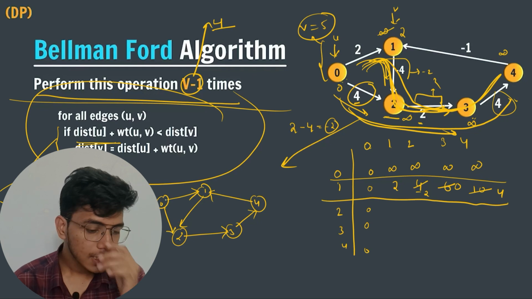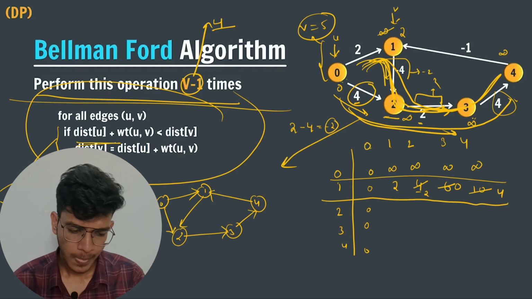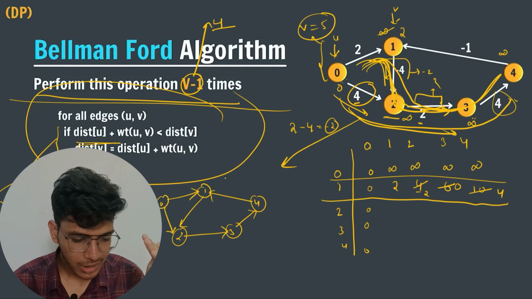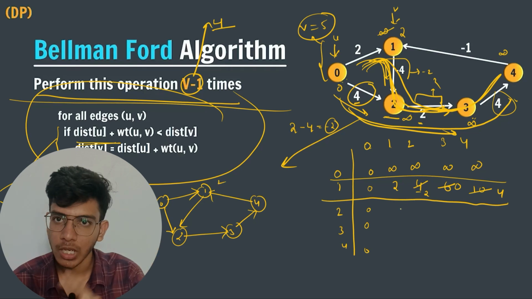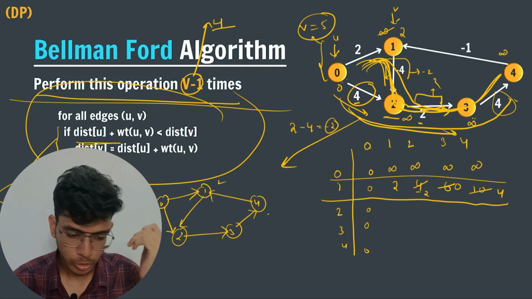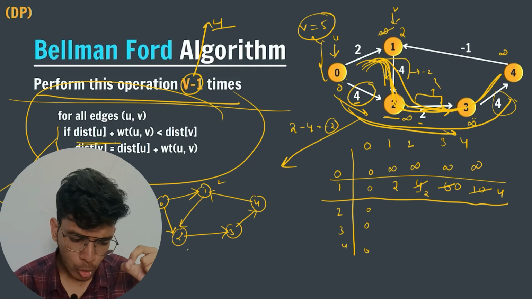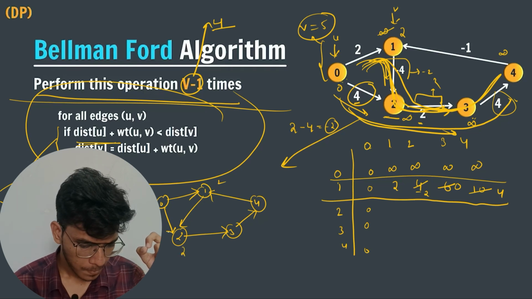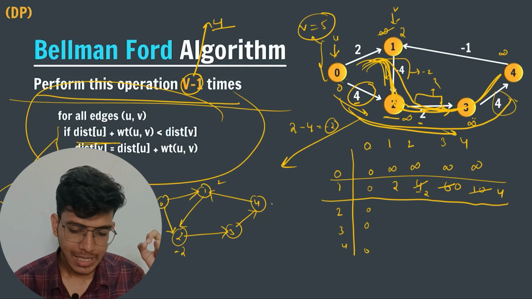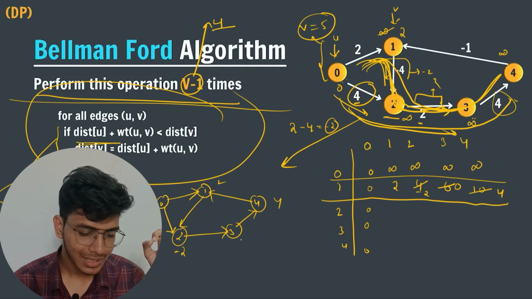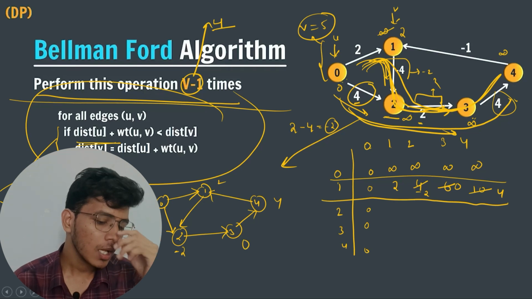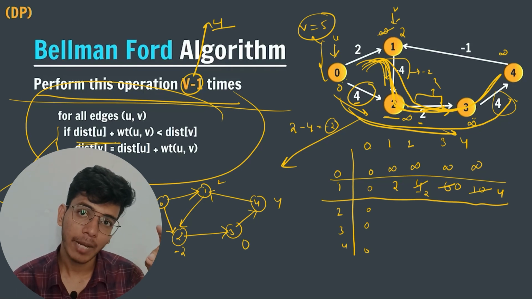And the distance from 0 to 0 is 0, 0 to 1 is 2. Observe the table, from the table we are getting the values. 0 to 2 is -2, 0 to 4 is 4, and 0 to 3 is 0. These are the possible shortest distances.